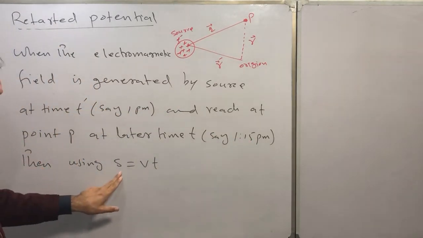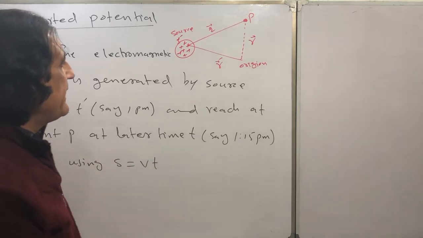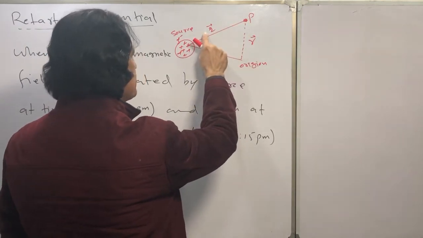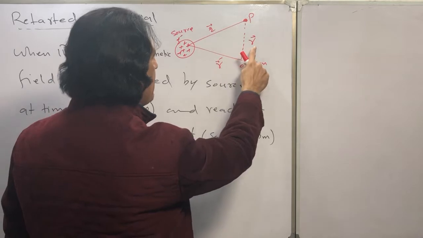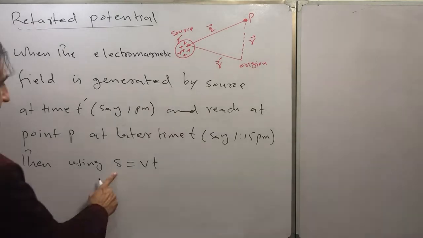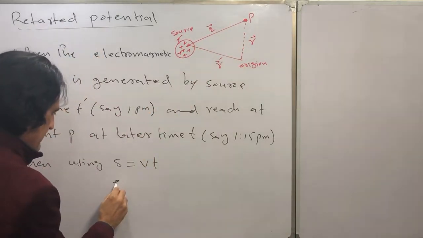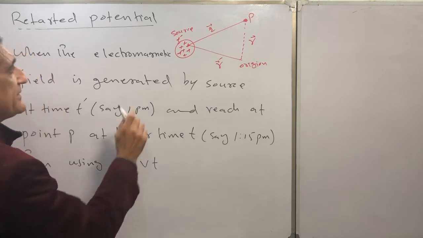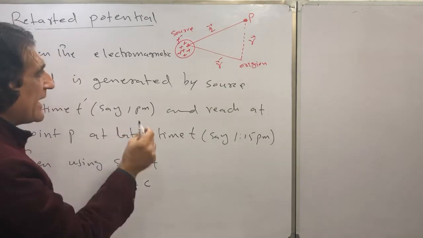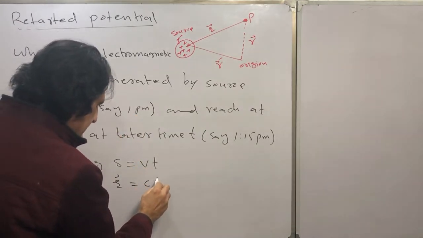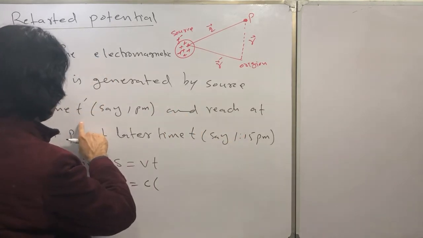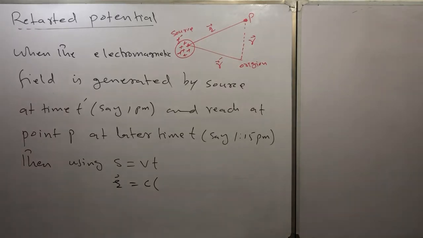Then using the relation S is equal to Vt, and this is the origin, and from here to here the distance is curly r, and this is r prime, and this is r. So using this relation, we can say that S is curly r, and the velocity of electromagnetic waves is c. What is the time? Then we have 1:15 minus 1 pm.